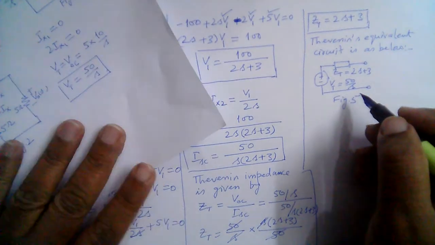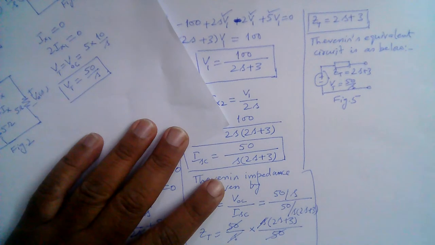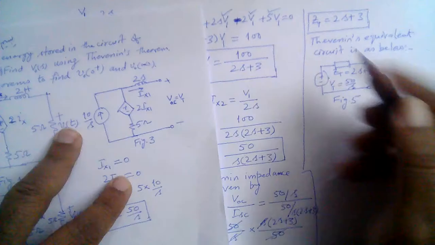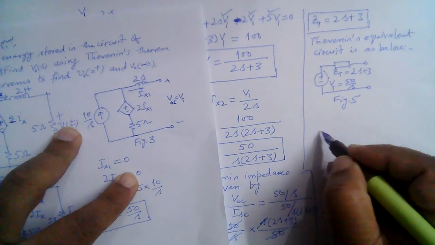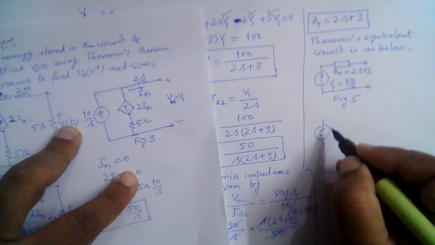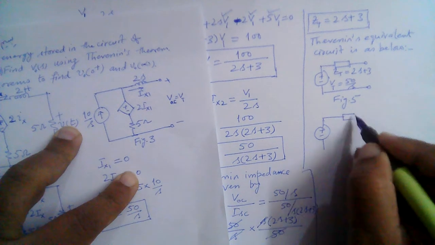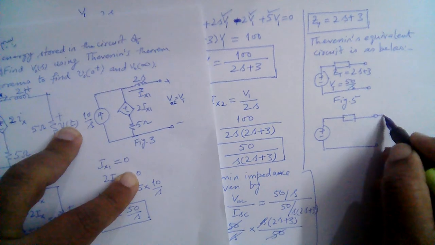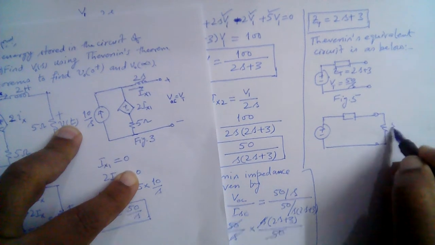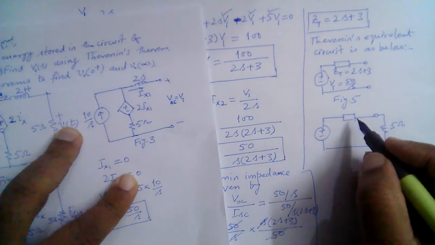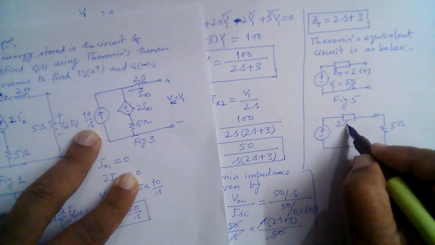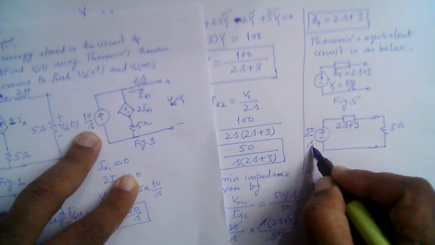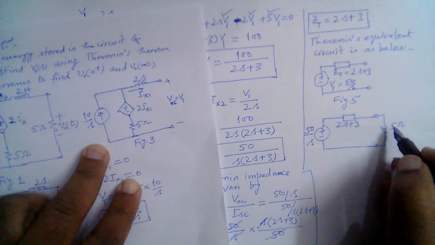So to find the current through the 5 ohm resistor, we connect this resistor across these terminals. This is 2S plus 3, this is 50 over S, and this is 5 ohm.